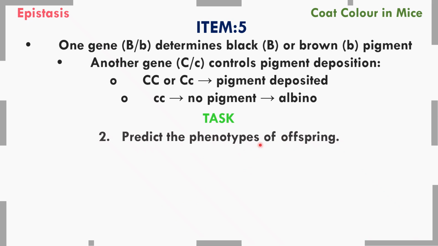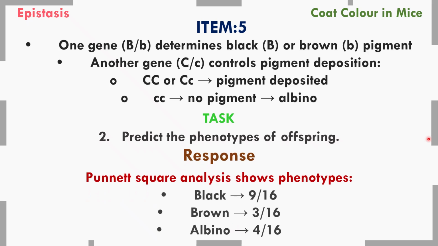Predict the phenotypes of the offspring. Punnett square analysis shows phenotypes: black 9 out of 16, brown 3 out of 16, albino 4 out of 16.